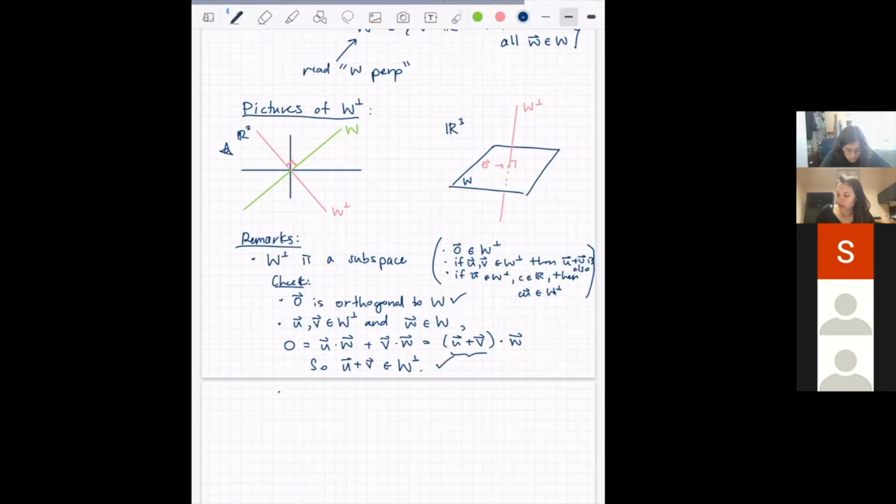Okay, and then for scalar multiplication, let's say V is in W perp and C is in R, then for any W, V dot W is equal to 0, and C times that is equal to 0.